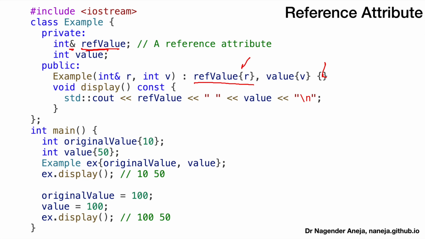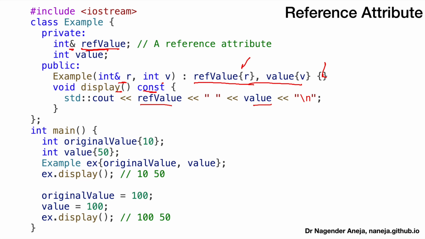So that's why it's perfectly okay to initialize a reference variable later, using the initializer list. So we are passing R and V, and we're assigning R and V here. Then we have another function which displays, and it's declared as constant because its role is to display the values, not change those values. So it must be constant.